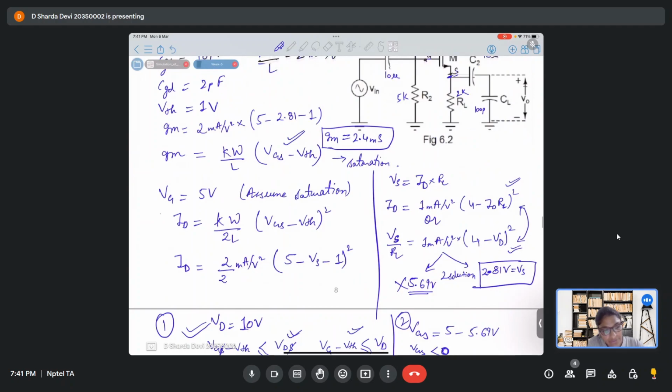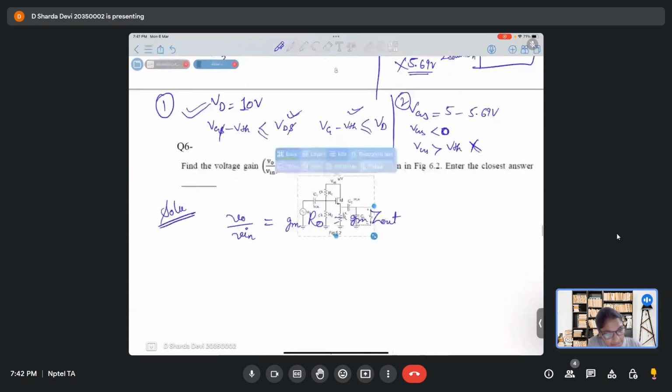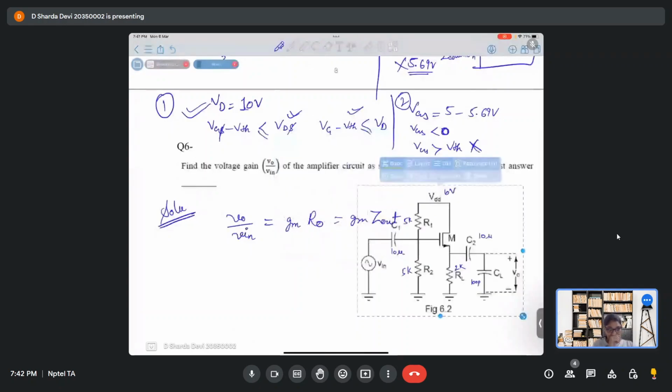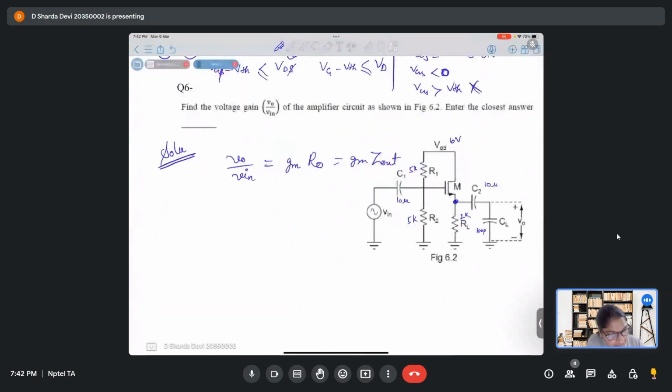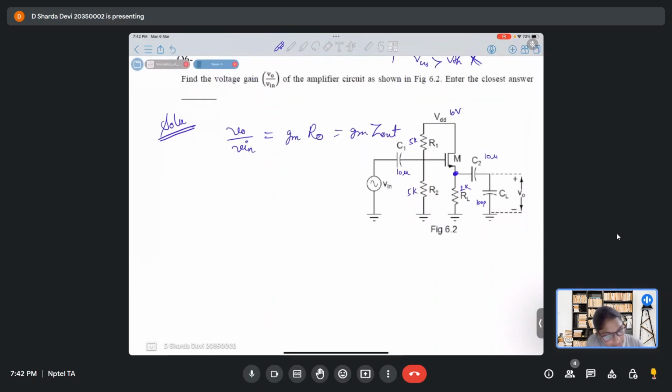What we have to find is Z out. So what will be the Z out for this particular circuit? Let's say I quickly make the small signal model for this.